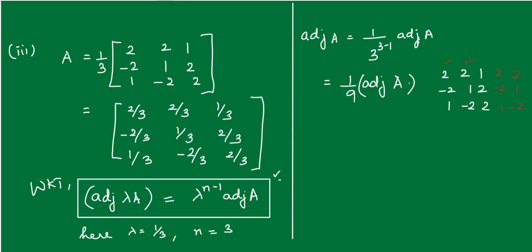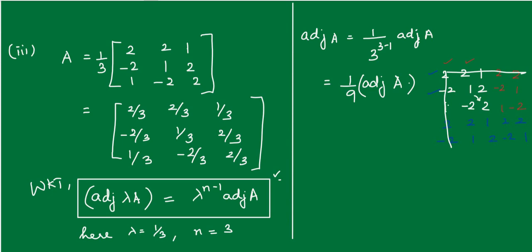Now take the first two rows, 2, 2, 1, 2, 2, minus 2, 1, 2, minus 2 and 1. So next step, we are going to strike out first row, first column, and therefore simplify column wise.